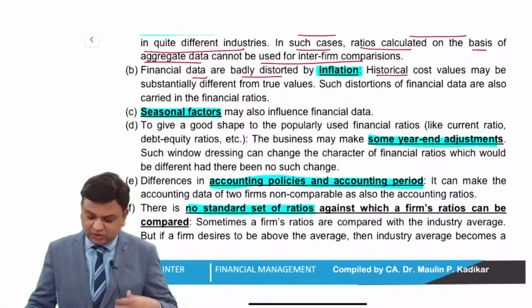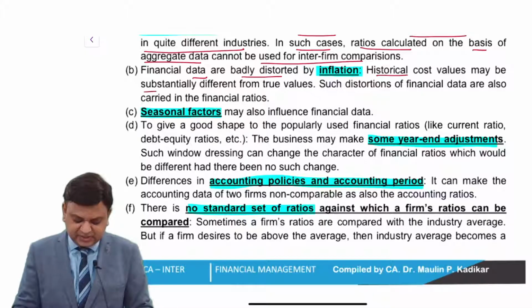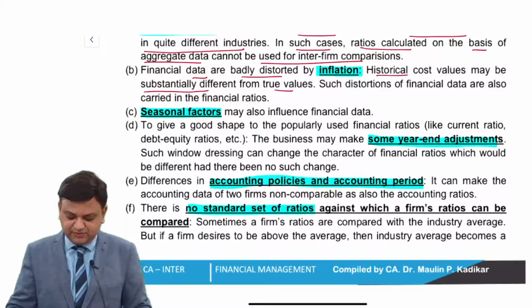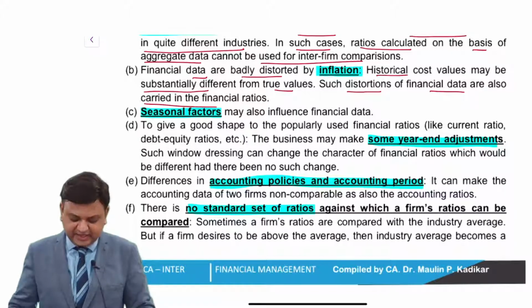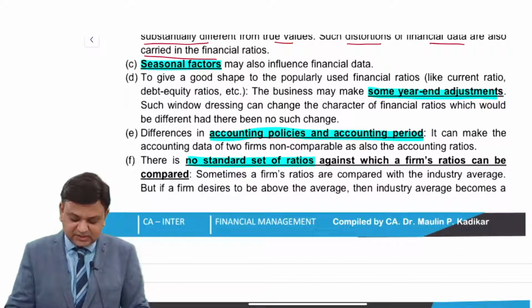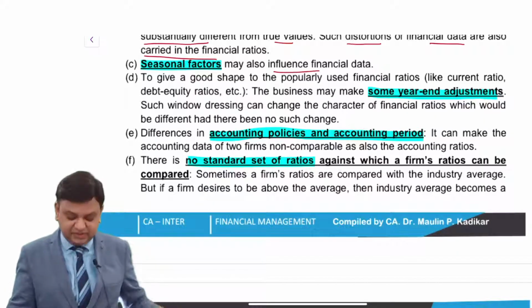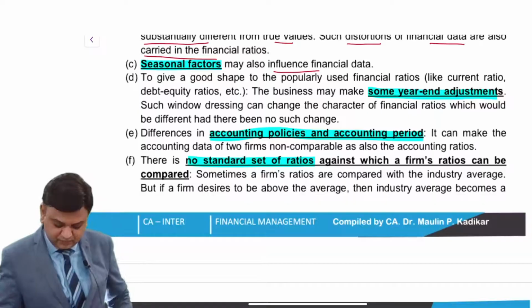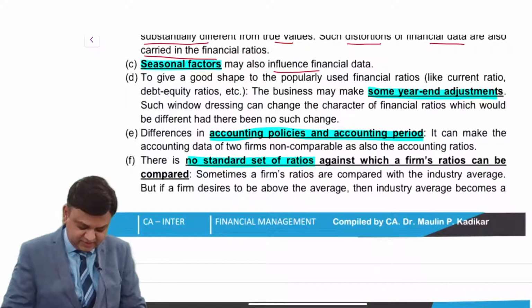Historical cost values may be substantially different from the true values. Such distortion of the financial data is carried into financial ratios. Seasonal factors may influence the financial data. This is, I think, an important limitation.